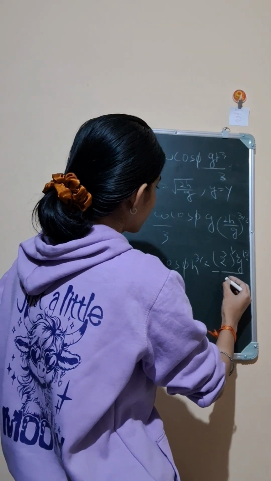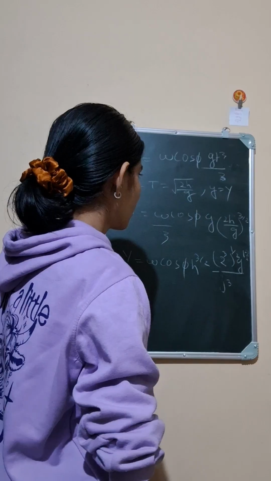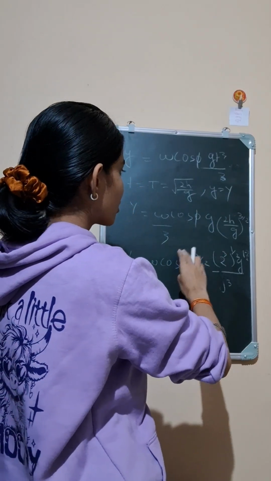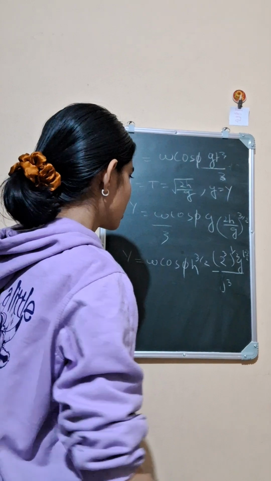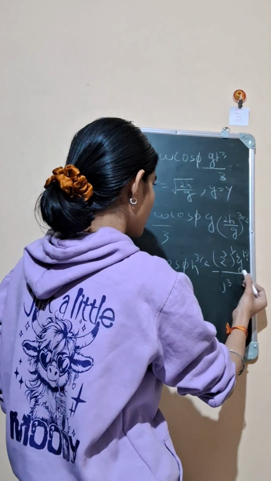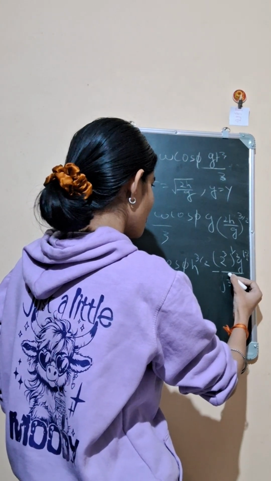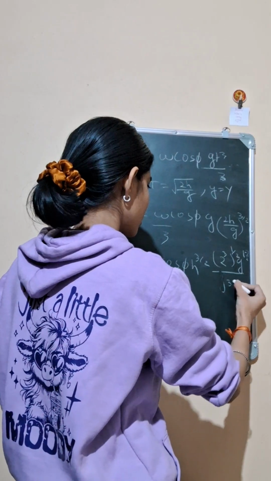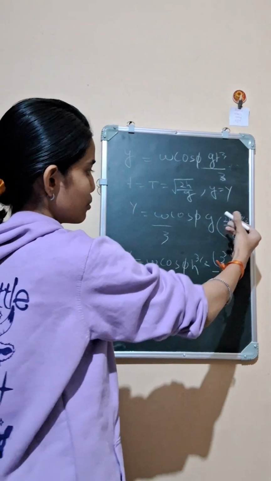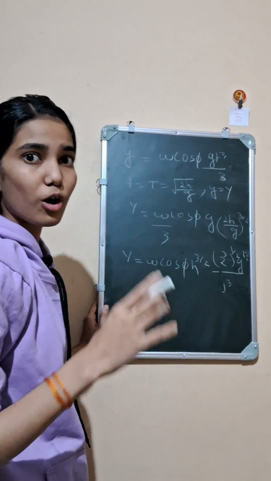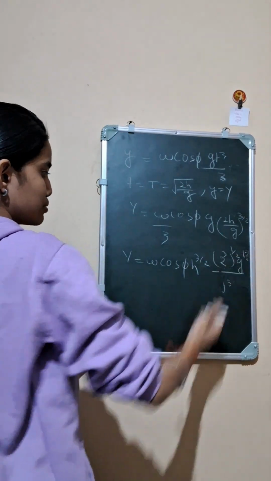So now again take 3 inside this equation. If we want to take the 3 into this term, we want to get a power of 1 by 2 for these terms.